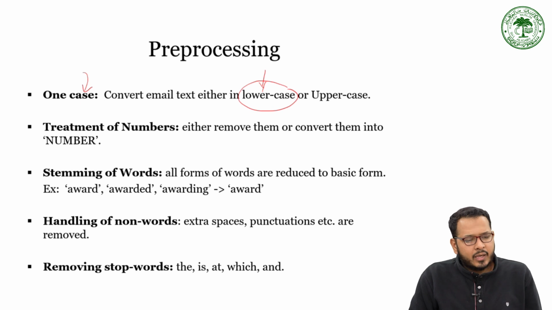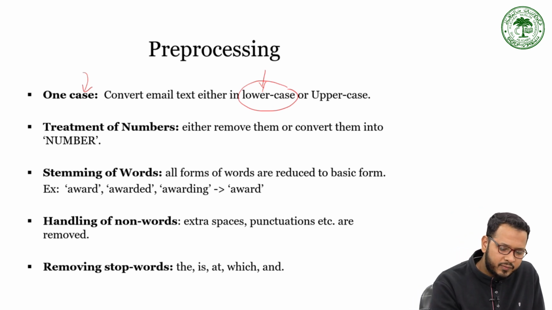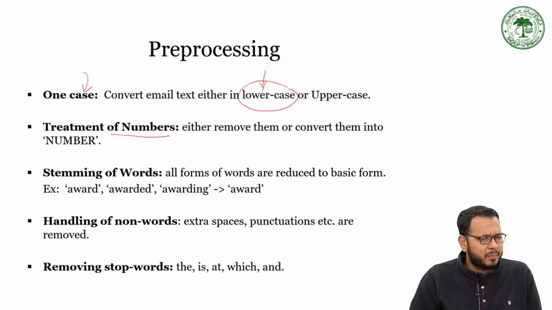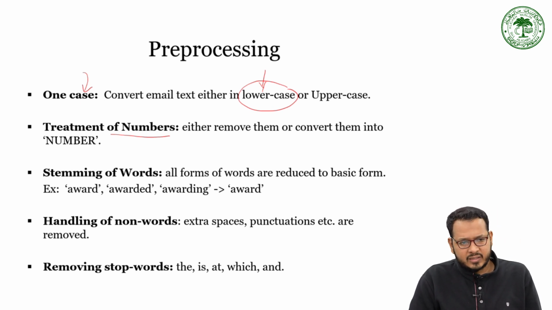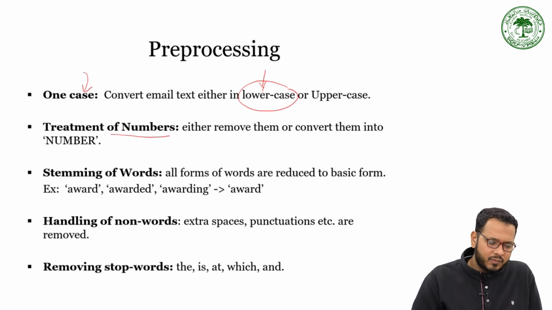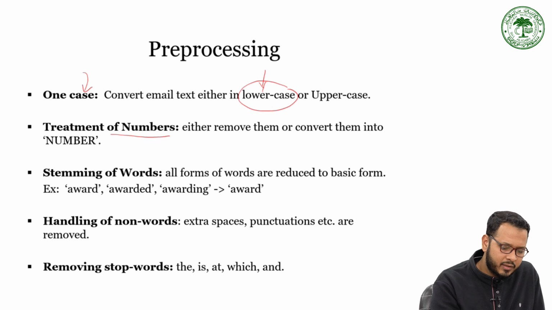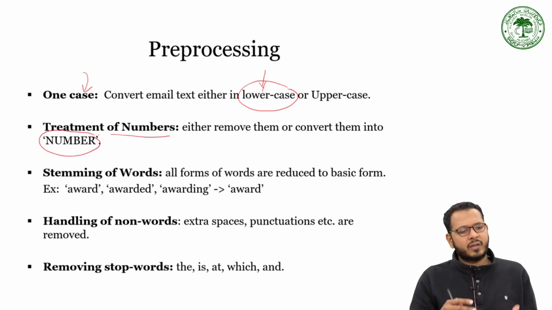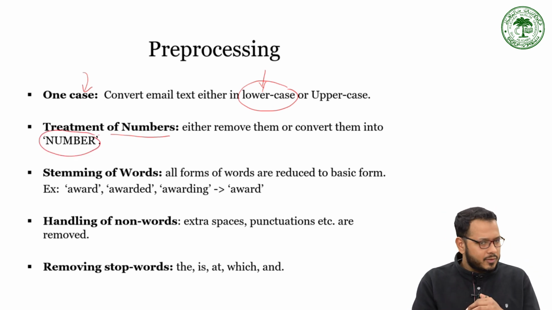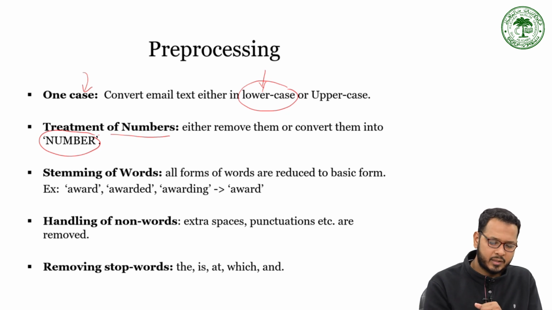Then often when we do this kind of classification, the value of exact numbers does not matter much. So if it is 10,000 or 1 lakh, it does not affect the decision making as such. So we either remove them in most of the cases or maybe convert them into just one common string, that is number. So wherever a number appears in your email, that will be replaced with number, or we can simply remove them.